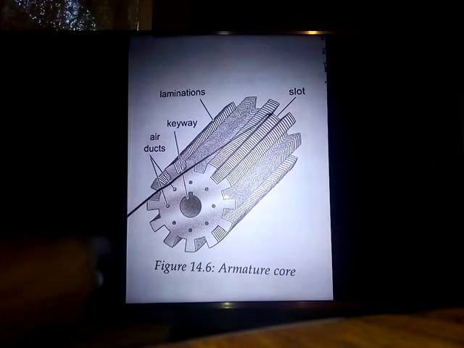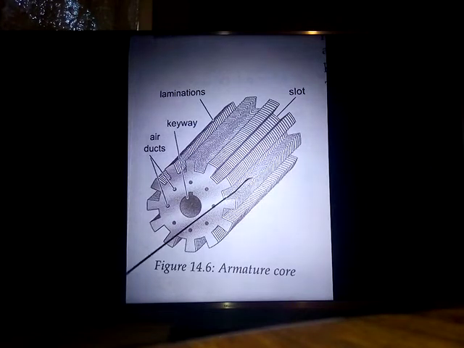These conductors that are here on the armature carry current, and that current will induce a current into these blades. So the purpose of the blades is to reduce the eddy currents flowing between plate 1 and plate 2, like that. Okay, let's go back to slide number 2.